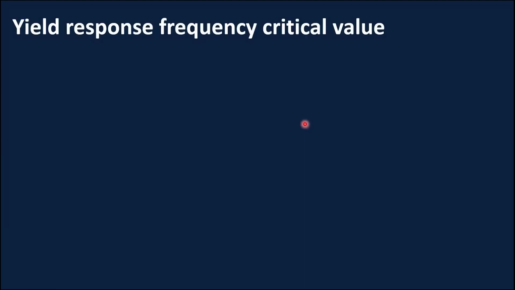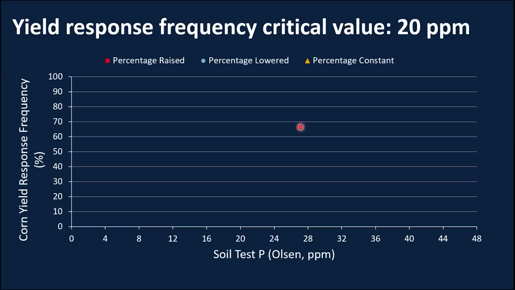Another way to look at this is in a yield response frequency critical value. This is where, looking at the data a little differently, we're looking at yield response frequency. So if we did respond or we didn't respond, we had a 5% or 5 bushel yield change, and we considered it responded. So our percent response versus our soil test P level from low to high.